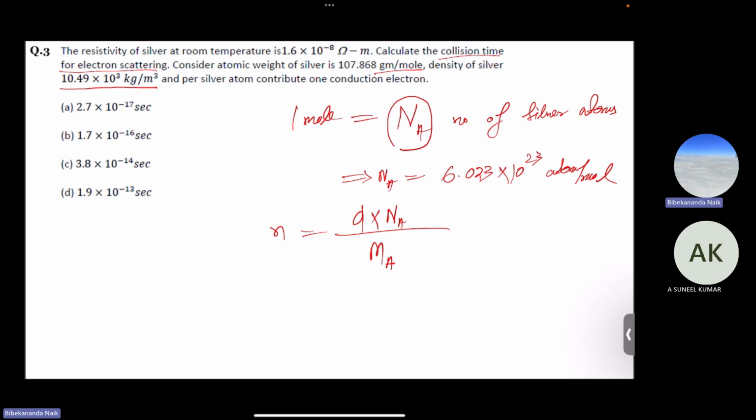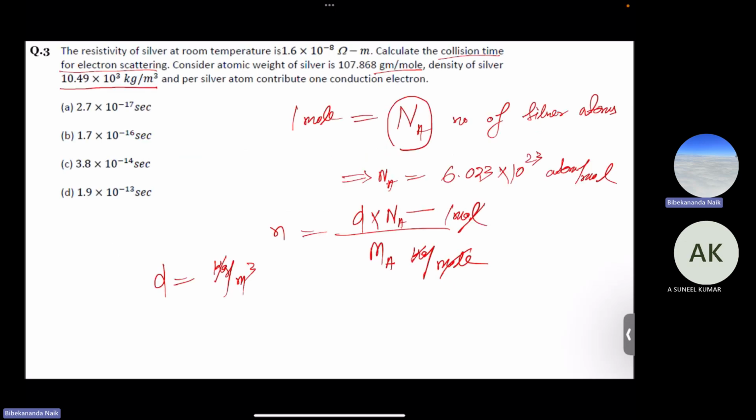The unit of this density is kg per meter cube. Na is per mole, and here it is kg or gram per mole. So per mole gets cancelled out, and kg and kg get cancelled out. So the whole expression has the unit of 1 by meter cube, that is number of atoms per meter cube, which is nothing but the number density. You got it? Yes, sir.